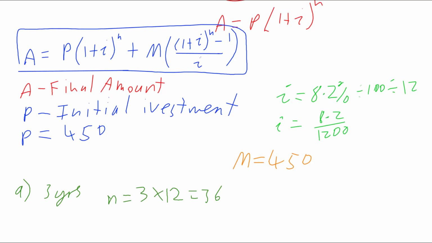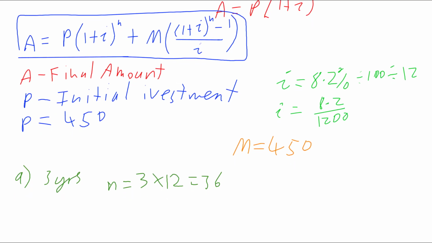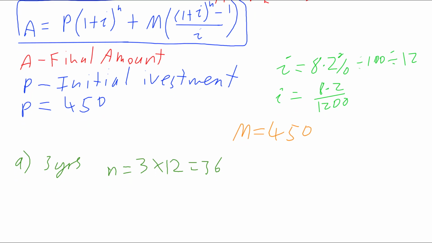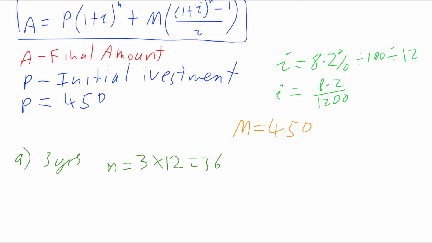So now I can go and put all of our numbers into the rule. Our rule states that we're going to have our final amount A, which is going to be our principal, 450, multiplied by 1 plus I, which is the 8.2 over 1200, all to the power of n, which is 36.